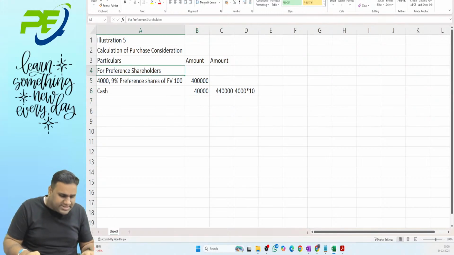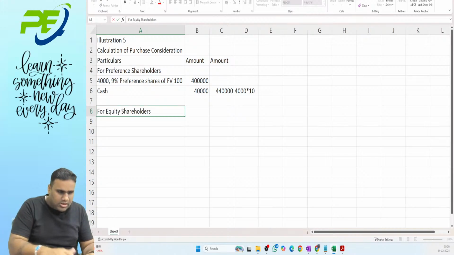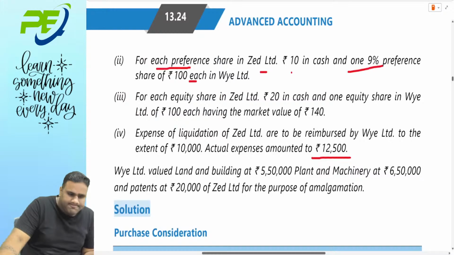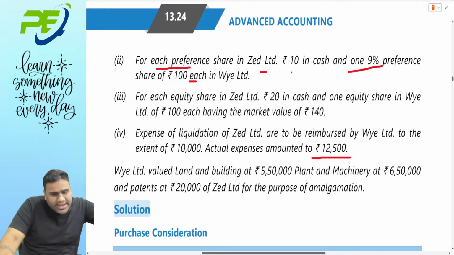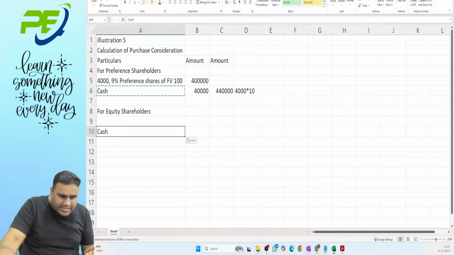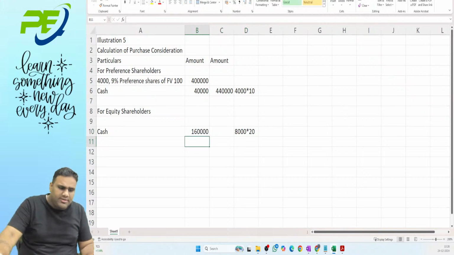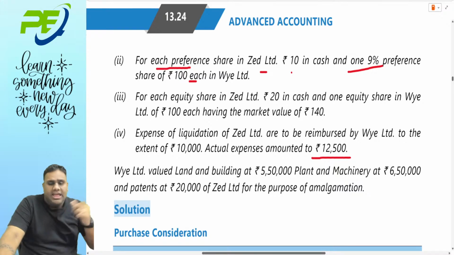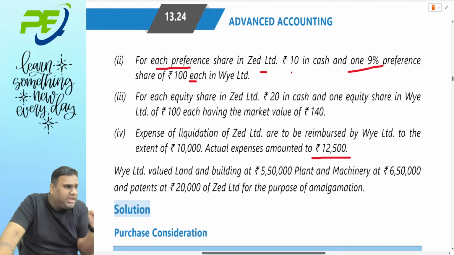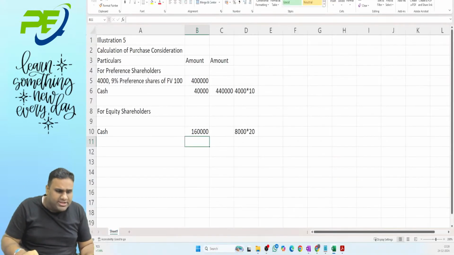After the preference shareholders, for equity shareholders, 8,000 equity. For each equity share 20 rupees in cash. So first cash: 8,000 equity shares into 20 rupees, 1,60,000. And for every one equity share they will give one equity share, so again the ratio is 1:1.